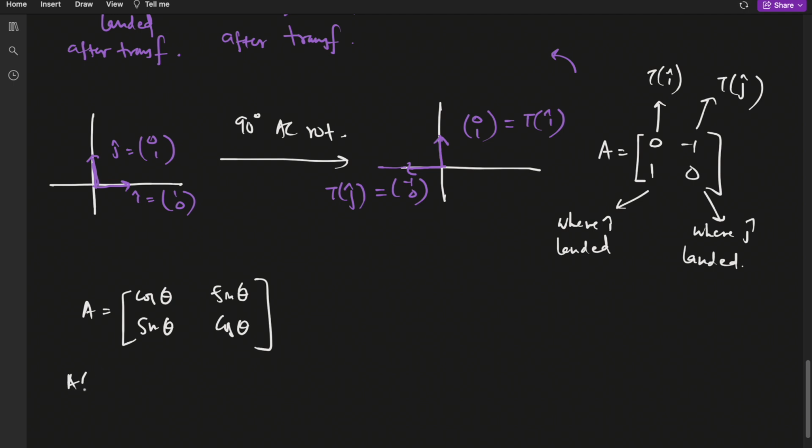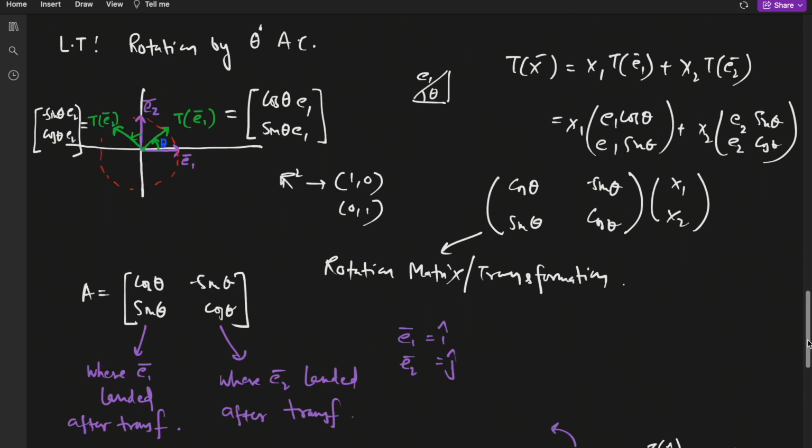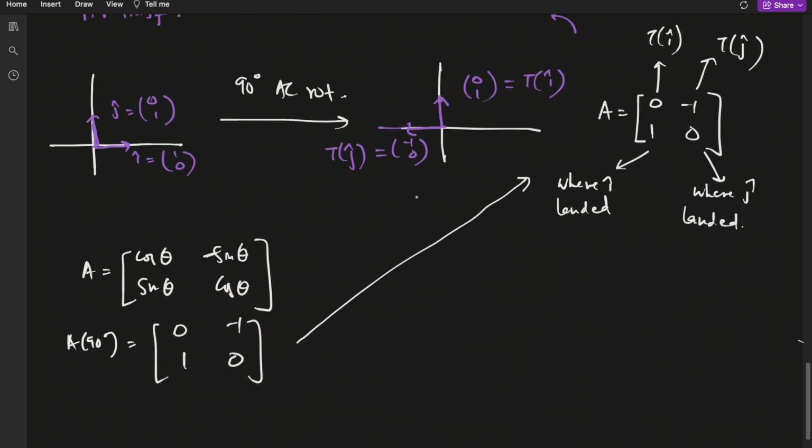But if I rotate it by 90 degrees, this becomes cos 90 which is 0, sin 90 which is 1, minus sin 90 which is minus 1, cos 90 which is 0. See, we get the same thing, right? So whatever I solved here is a generic thing, but I have given you a visual interpretation of that, right?